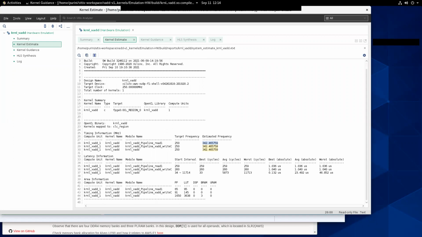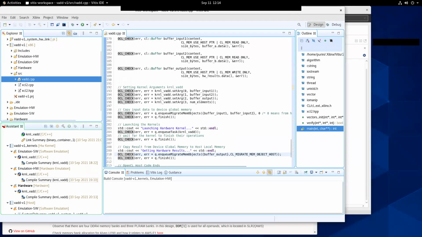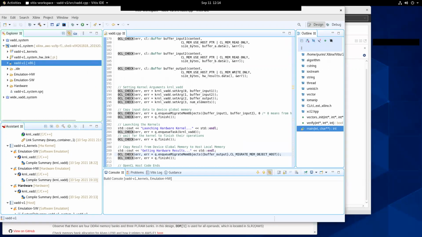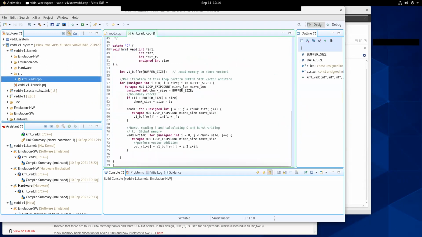You can see that in the source code there are a couple of loops. If you see the kernel vadd source code, let's go here.